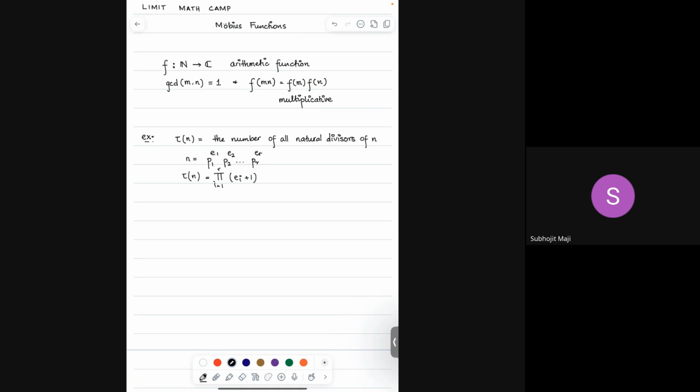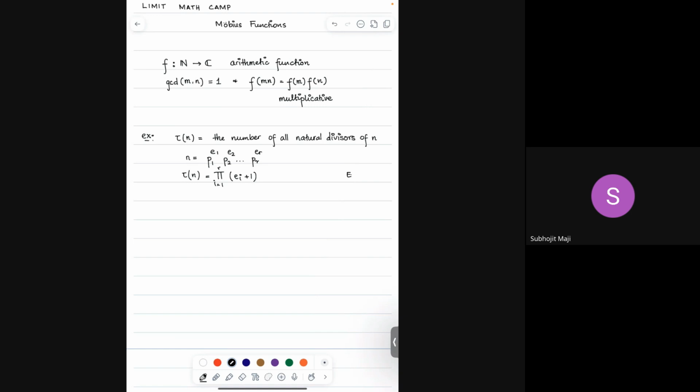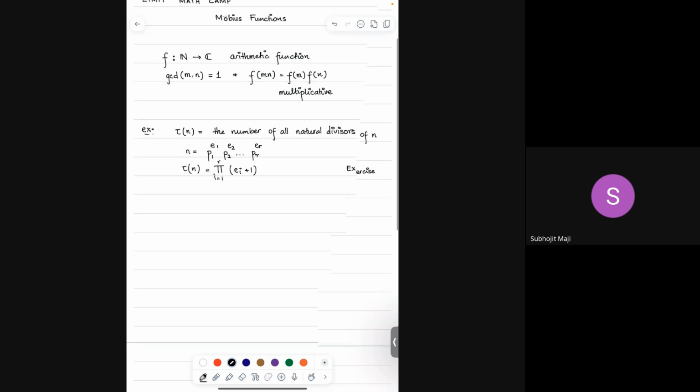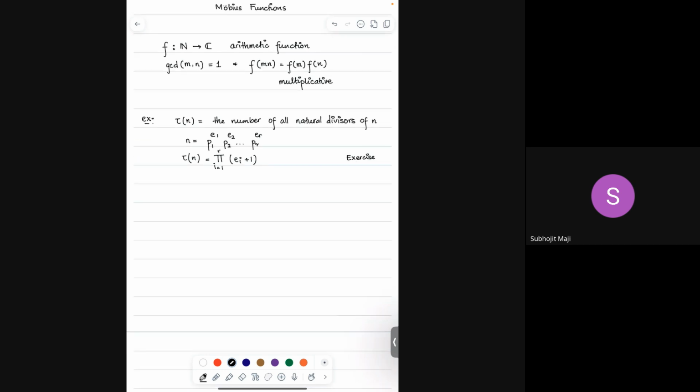So it is (e1 plus 1) times (e2 plus 1), so on up to (er plus 1). You can treat this as a small exercise. If you're getting bored, you can try to work this out. This is not hard. Then, just from the definition, and if you take this formula as God-given, you can convince yourself that this is in fact a multiplicative function.